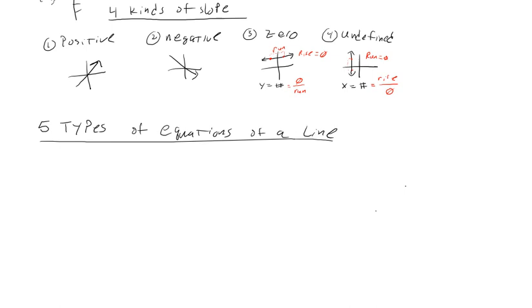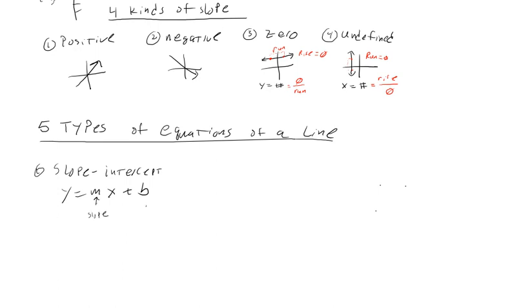So first type we have slope-intercept. This is our y equals mx plus b. M is, of course, our slope.